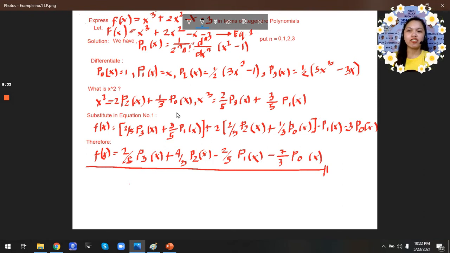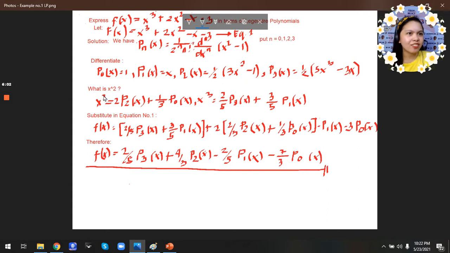For differentiation, we have P sub 0 of x equals 1, P sub 1 of x equals x, P sub 2 of x equals 1/2 times (3x squared minus 1), and P sub 3 of x equals 1/2 times (5x cubed minus 3x).